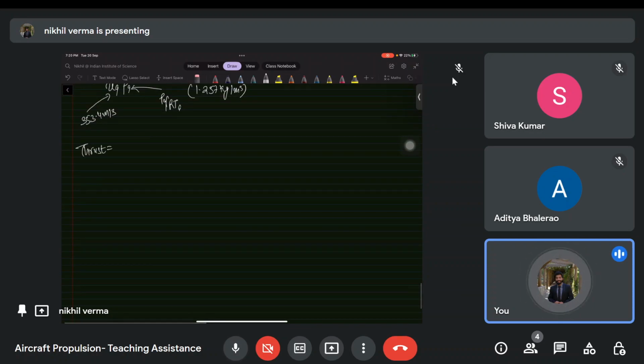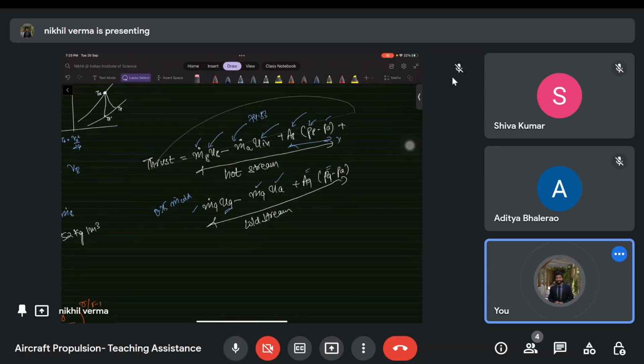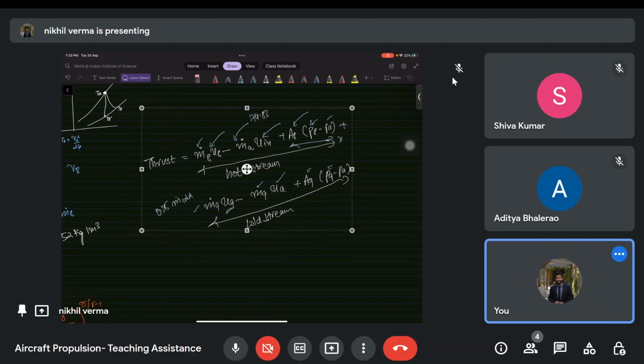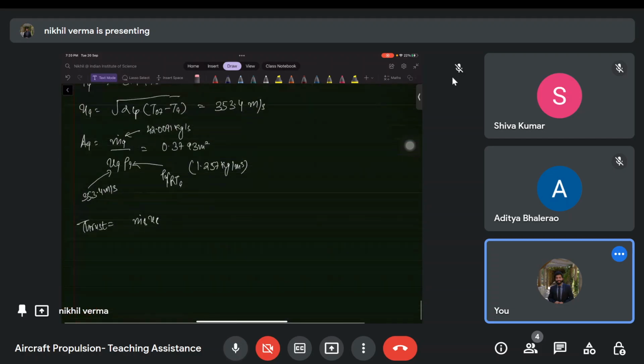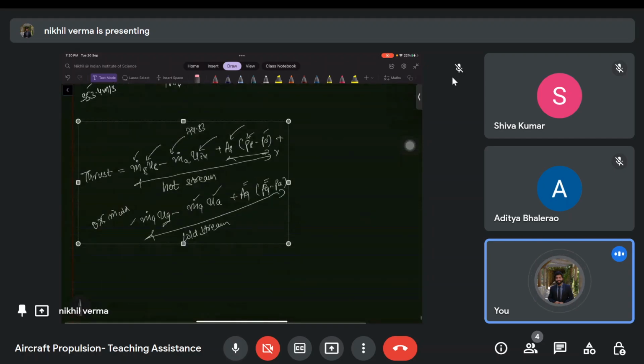Now the only equation that we require is for the thrust. This is m dot 8 u8, the same equation which we have written here. Let me copy this equation and paste it here.